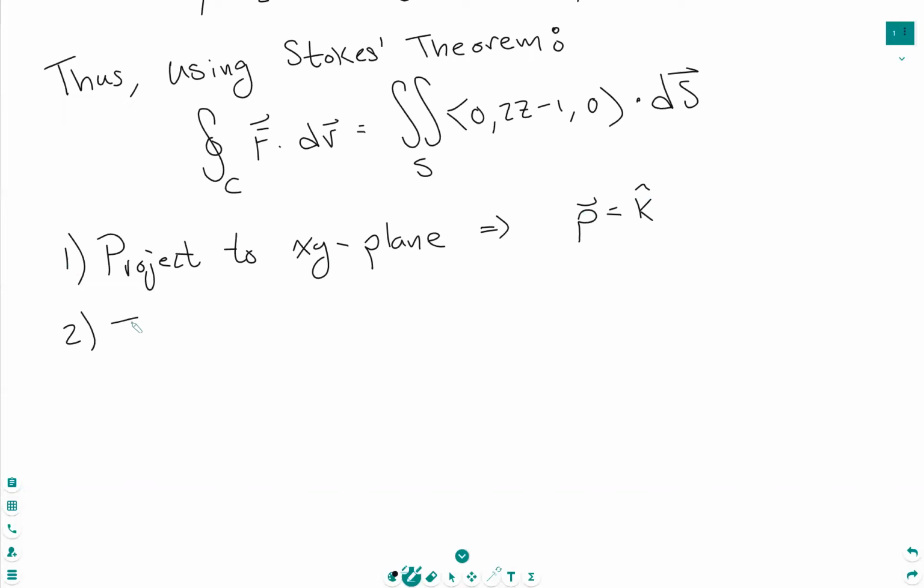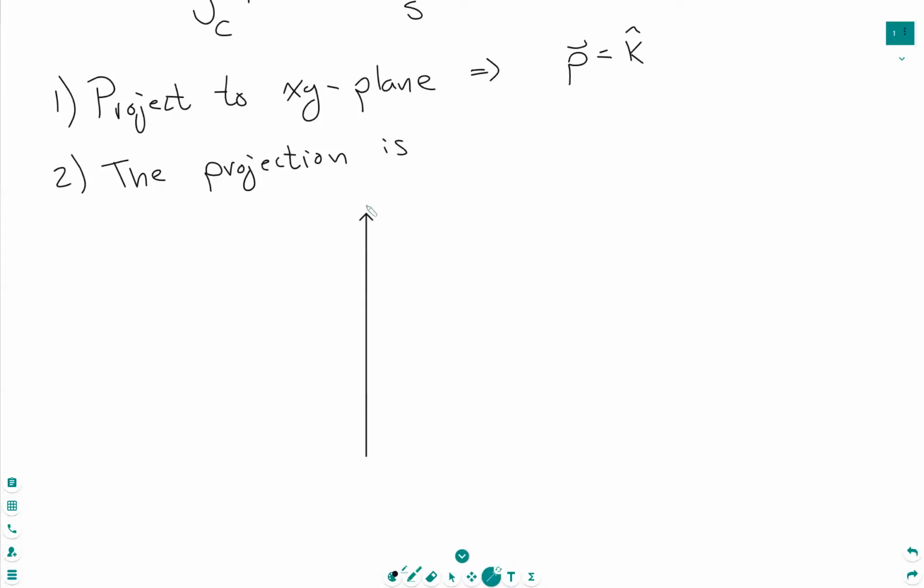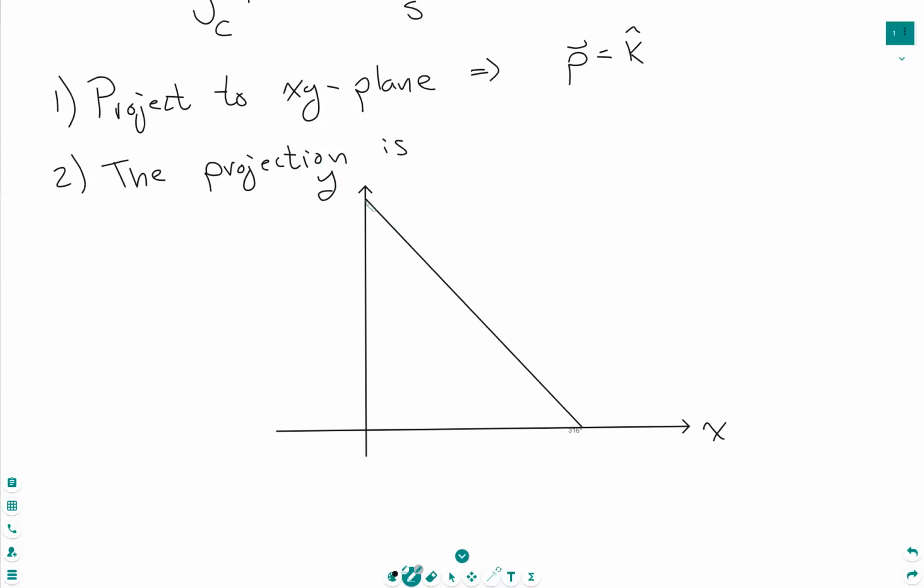Now we need to look at the projection onto the xy plane. So we have y and x. The projection also looks like a triangle.